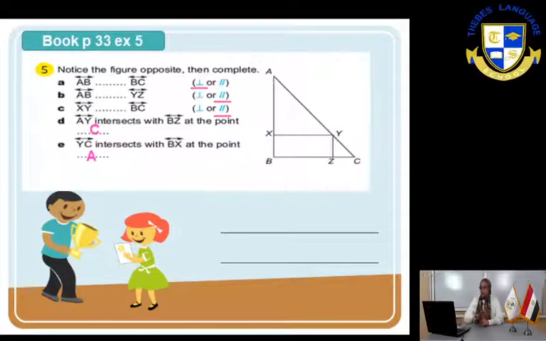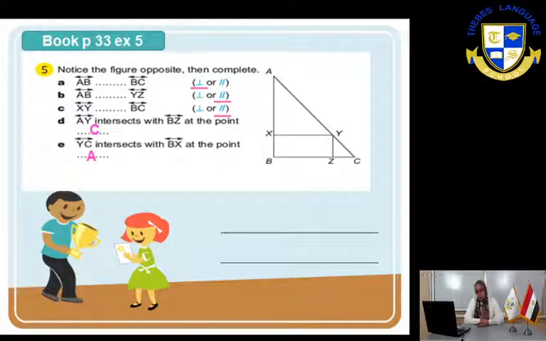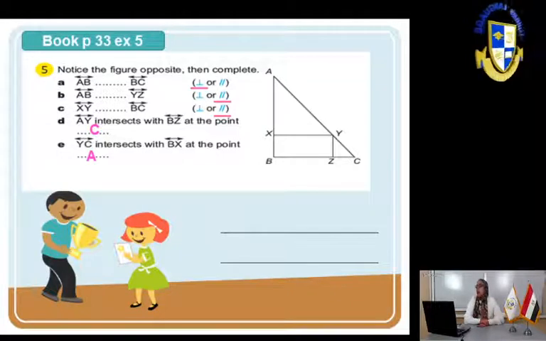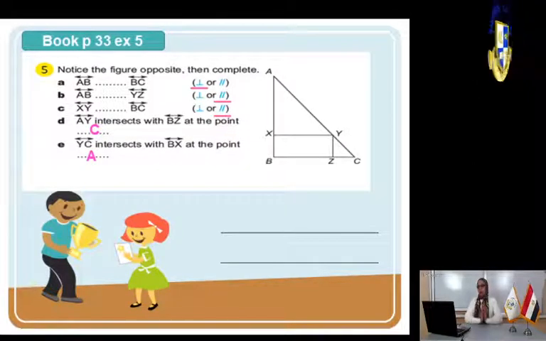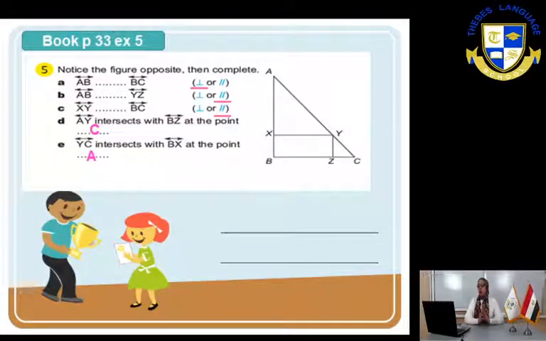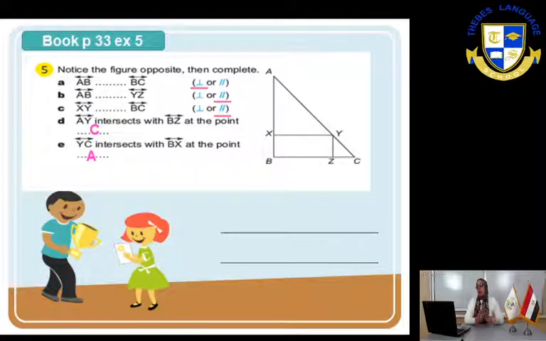Next slide. Another exercise. Complete. We need 2 pens or any 2 rulers, as you want, to know whether the straight lines are perpendicular or parallel.